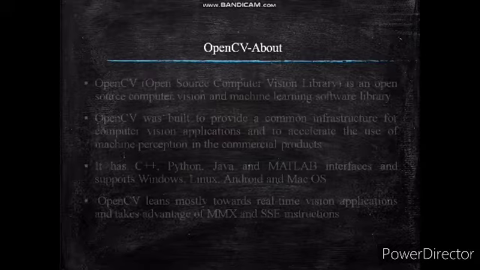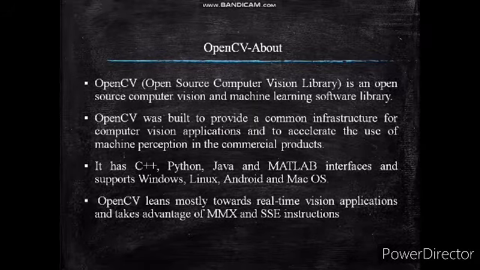OpenCV, open source computer vision, is a library of programming functions mainly aimed at real-time computer vision, originally developed by Intel. OpenCV is written in C++ and its primary interface is C++, but it still has a less comprehensive, though extensive, older C interface.